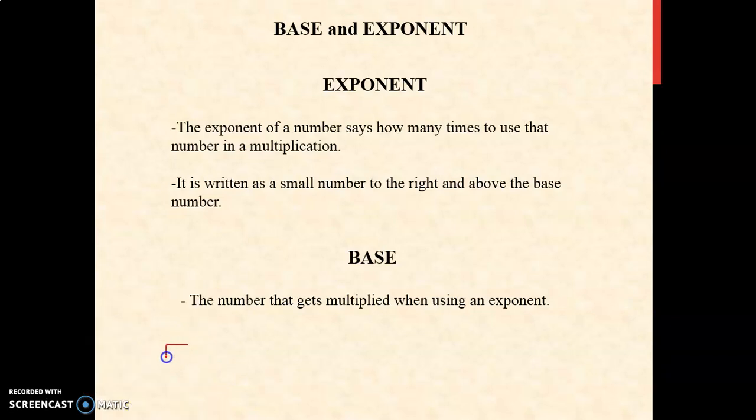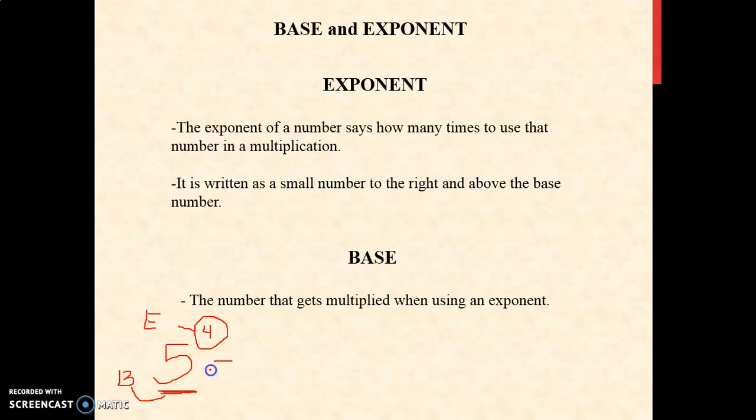Let us say we have 5 raised to 4. This is read as 5 raised to 4. This small number here is what we call our exponent. And this one, 5, is what we call our base.